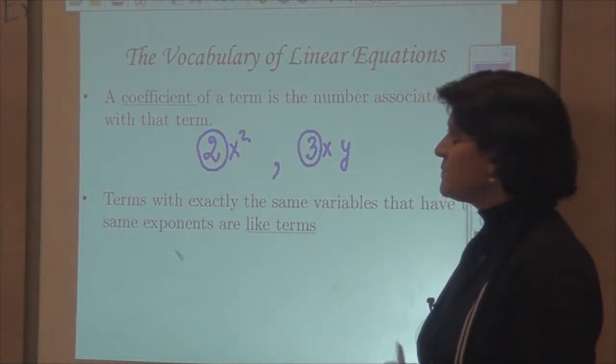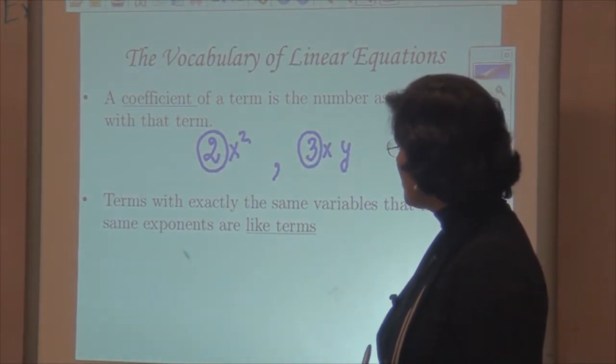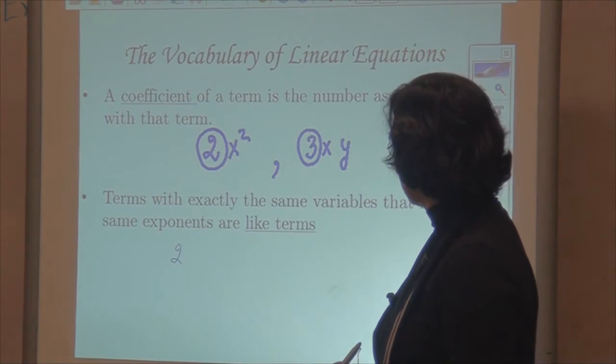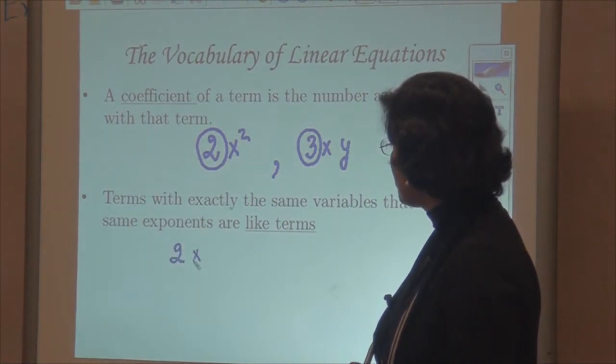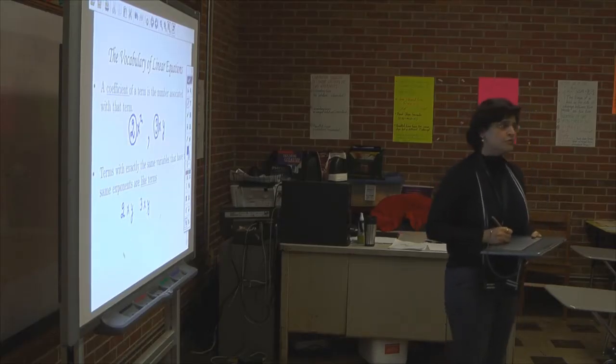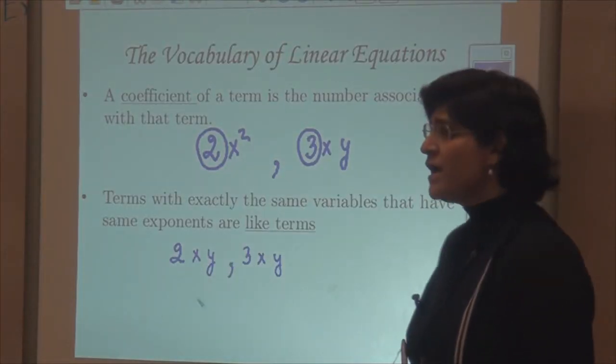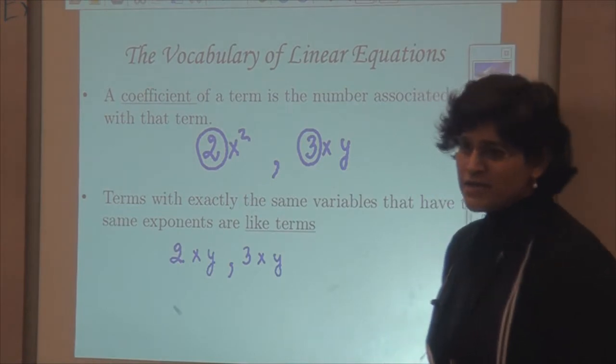Now, terms with exactly the same variables that have the same exponents are like terms. Let me give you some examples and some non-examples of like terms. Suppose I have 2xy and then I have 3xy. We have two terms here, and let me put a comma. They are like terms. Why are they like terms?